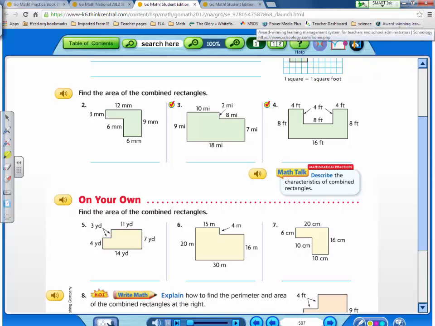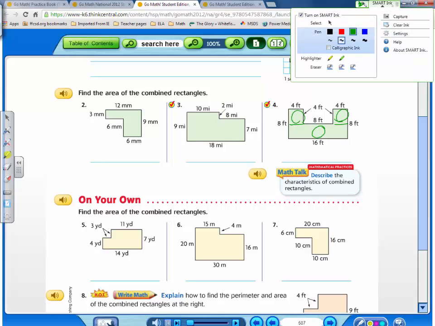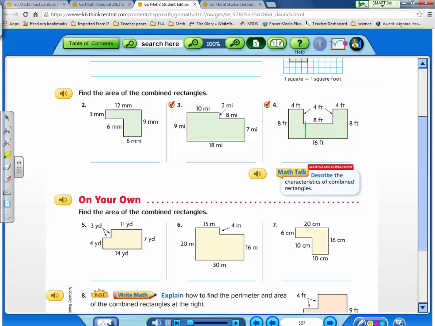But this one would either have to be broken across this way and find the area of this one, and this one, or I could break it up this way. Sorry, my pen doesn't quite line up, and find the area of this space, then this space, then this space, and add them together. Or I could use the subtracting method, and I could find the area of the whole shape here using my 16 and my 8.